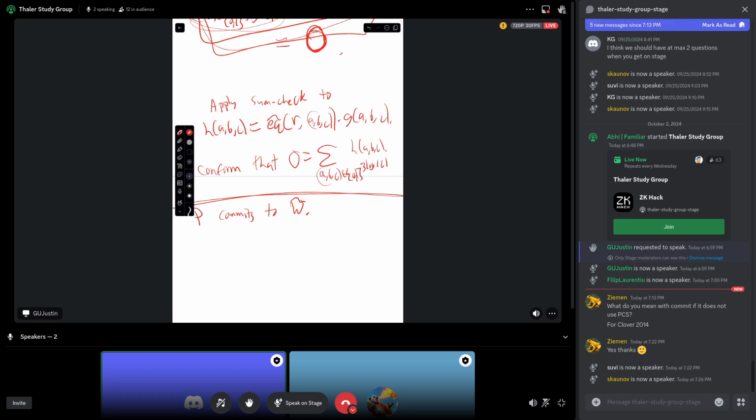And so the prover's claim is true, as I explained, if and only if W tilde is indeed the multilinear extension of the correct gate values for this circuit on this input.